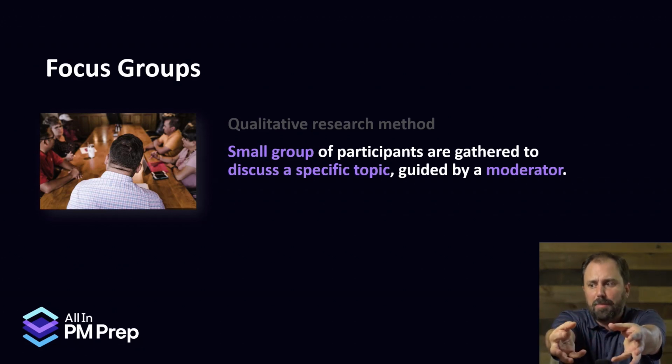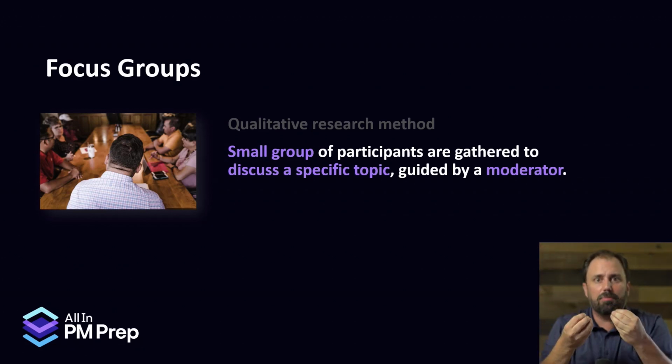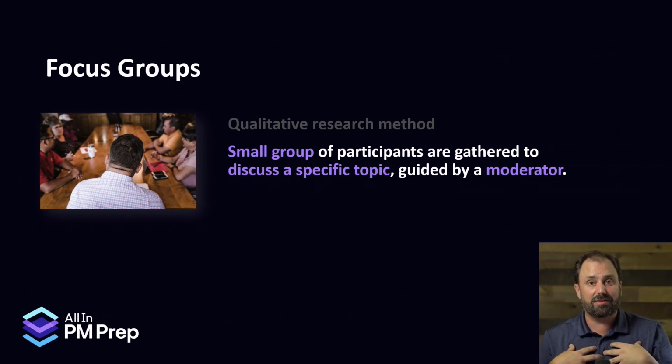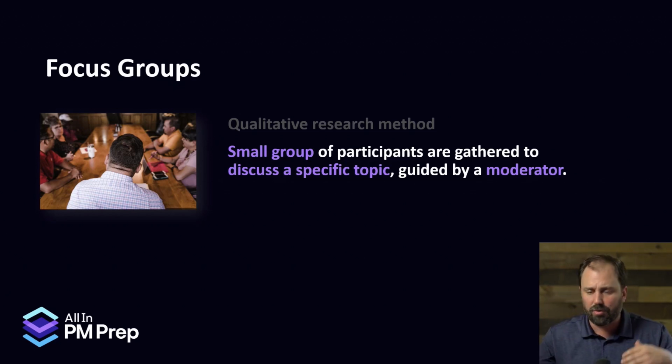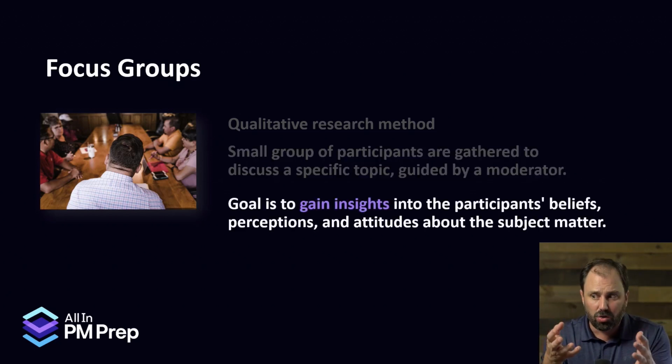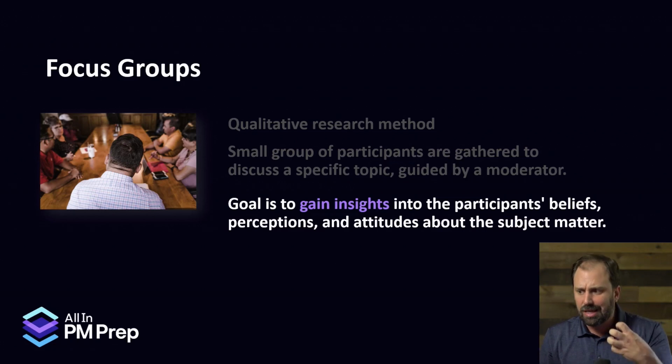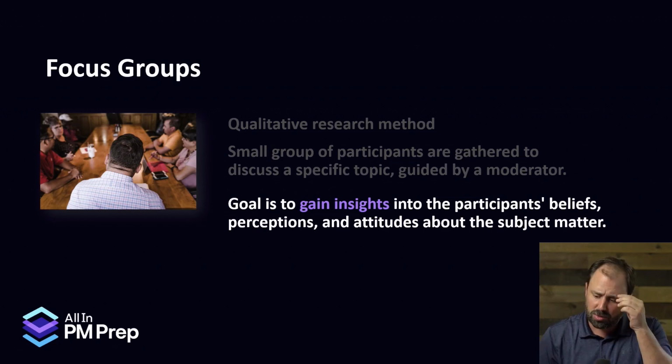They're picked out of a bigger population, and they're brought in for what they know or the perspective that they have. And we have a discussion with them. The facilitator leads it, right? On specific topics. That moderator leads the conversation. And the goal is to get their insights about their beliefs, their perceptions, their attitudes, all those things, because they know something and we're trying to understand it. So that's what a focus group is.